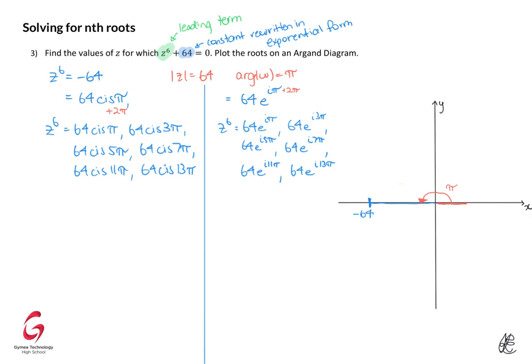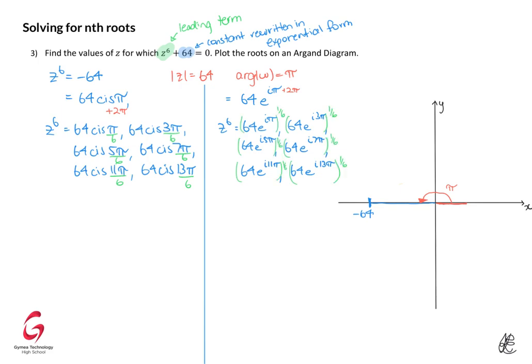And then we need to use on the left-hand side de Moivre's theorem to be able to divide each of those arguments by 6. And on the right-hand side, index laws to again be able to divide each of those arguments by 6.